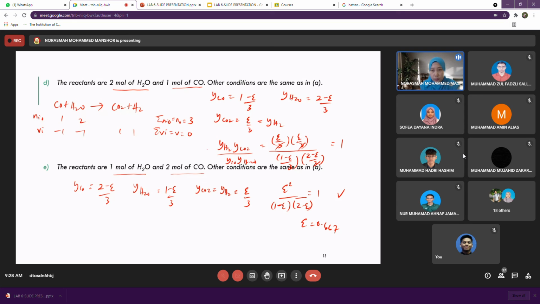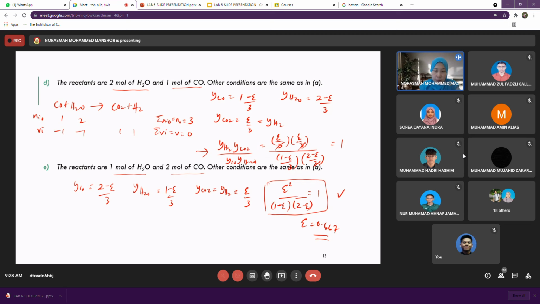So when you substitute dalam equation ni, dia akan jadi sama lah. Betul tak? Dia akan dapat ni juga. Yang jawapan dia akan sama juga. Cumanya yang expression YCO dengan YH2O ni dia interchange daripada yang D tadi.